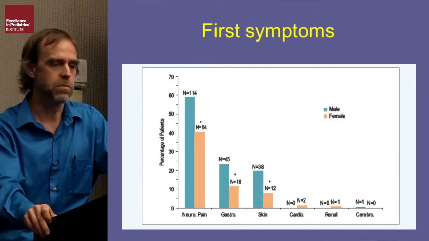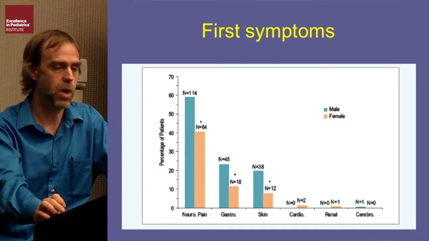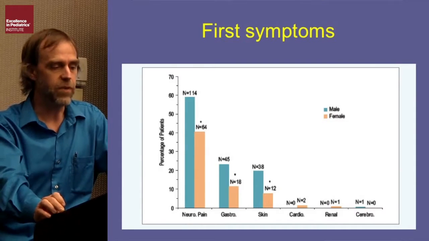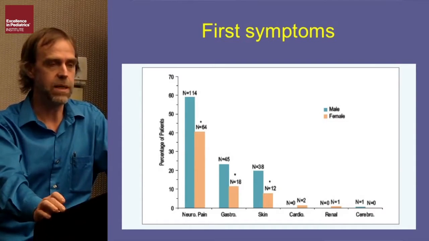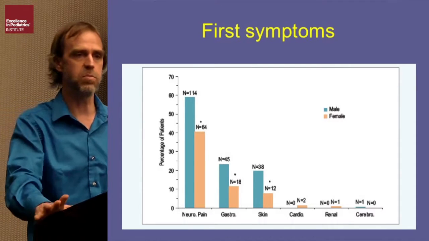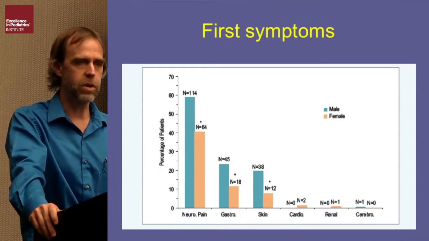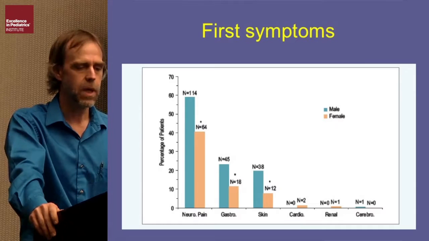So first symptoms. Now we're talking about children for the most part. The first symptom in most children is pain. The pain typically presents as burning pain in the hands and feet, although you can also get abdominal pain.